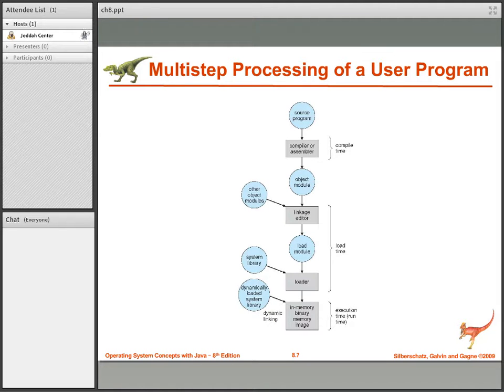There are other objects at this stage in the processing of a program.